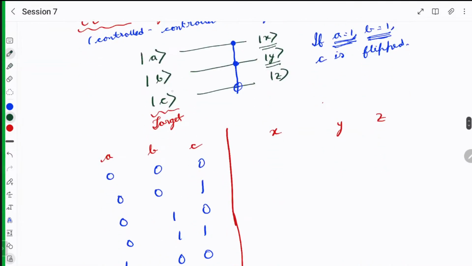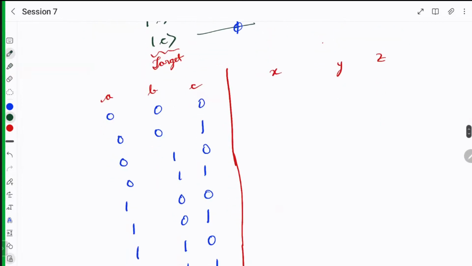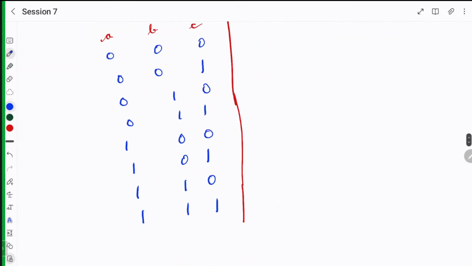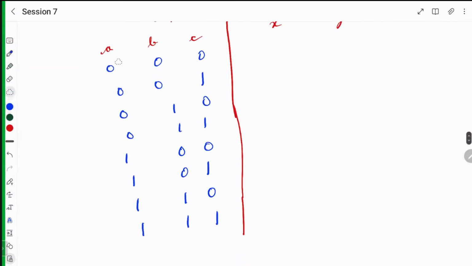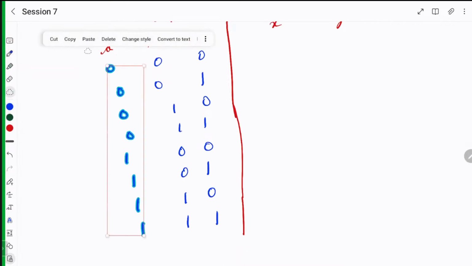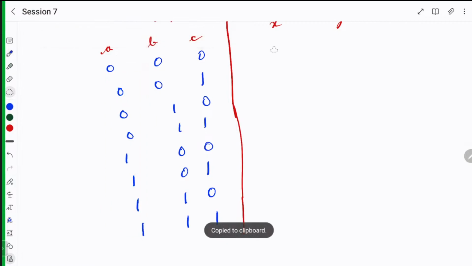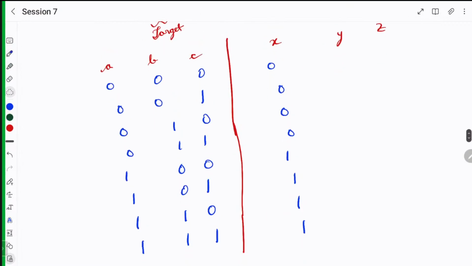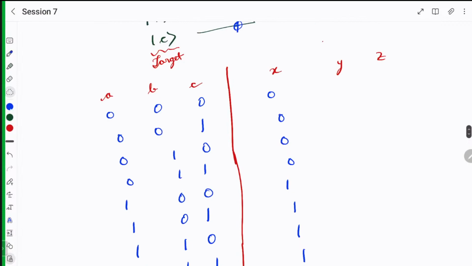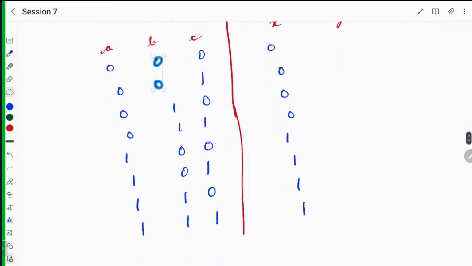So X and Y will be equal to A and B respectively, and we can just copy the entire columns over here. This is what we will get, and similarly Y is equal to B.